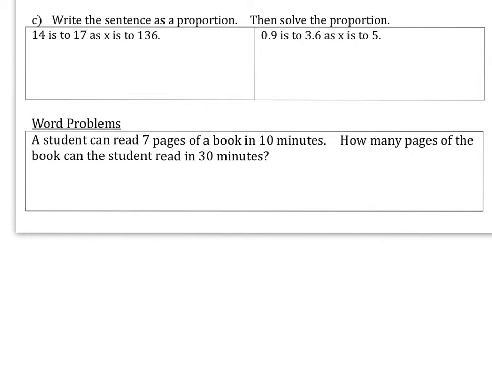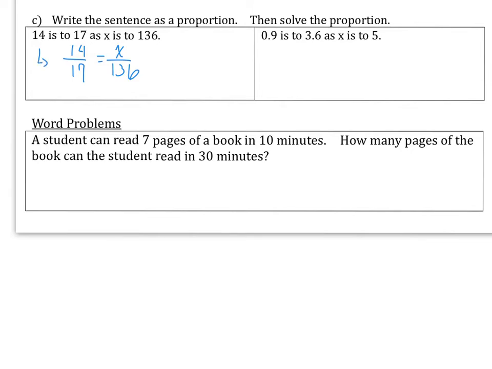Okay, part C. Write the sentence as a proportion and then solve the proportion. So you can have a problem looking like this. 14 over 17 would equal X over 136. So if I give you a problem with words, then you just simply translate it into a proportion that looks like this.